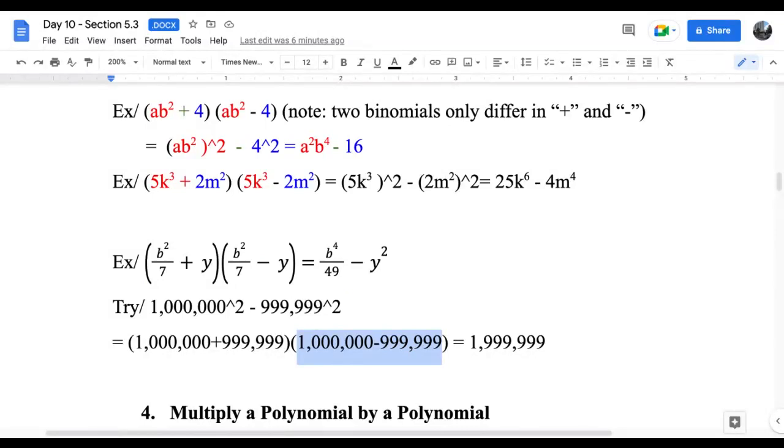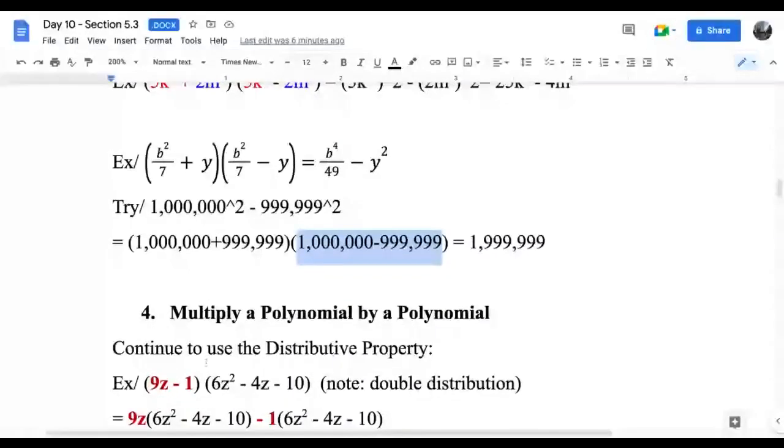Right? That's just 1. So the first parenthesis adds up to 1,999,999 times 1. Right? It's very useful. So the difference of two squares can be seen everywhere.